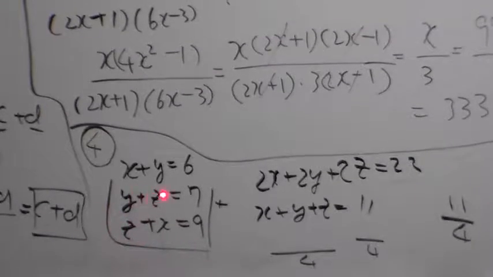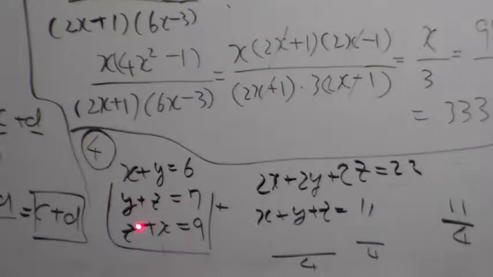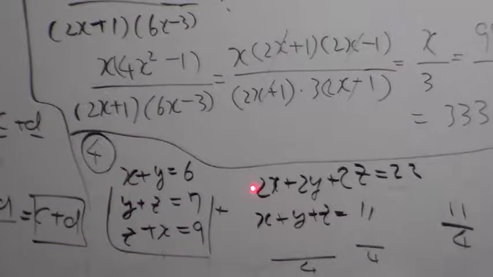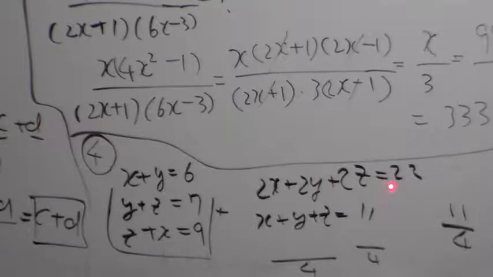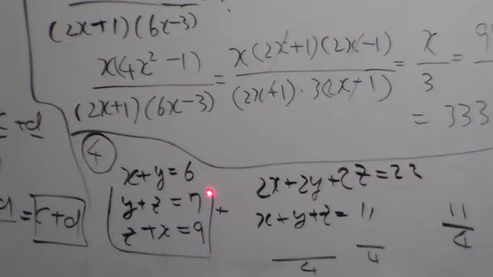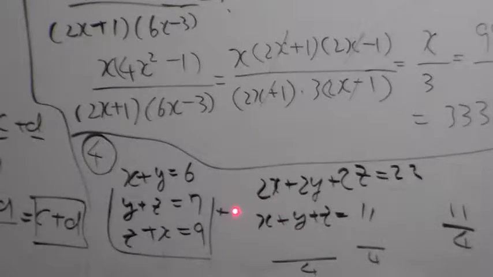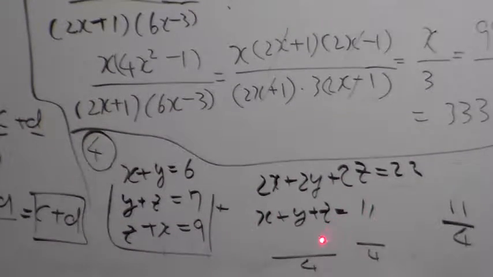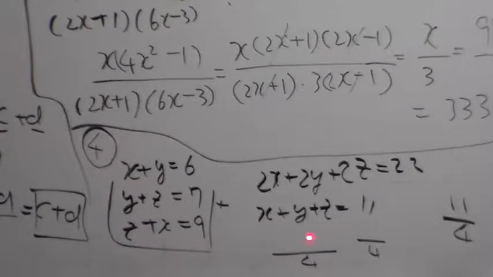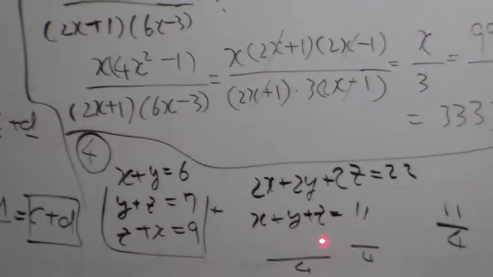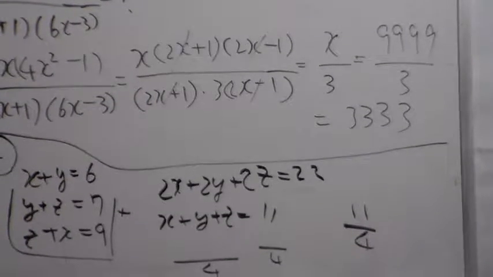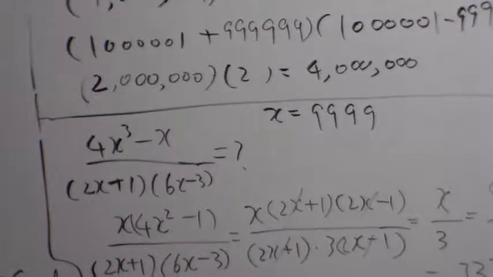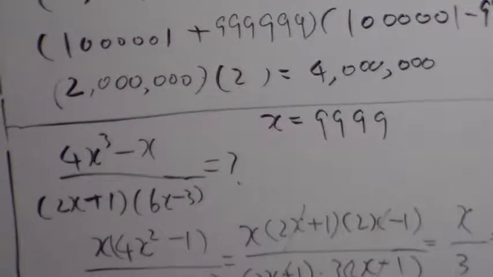So adding all of these equations together, that's going to be 2x plus 2y plus 2z is 22, right? 6 plus 7 plus 9 is 22. Then divide by 2, x plus y plus z is 11. Then we're looking for the average, right? So divide by 3 on both sides. That's going to be 11 over 3. Okay, next one is a bit closer.